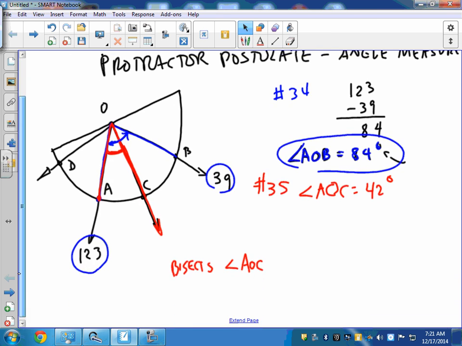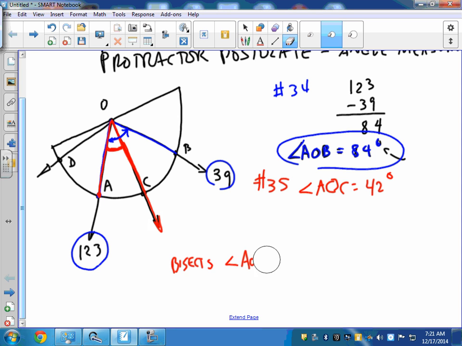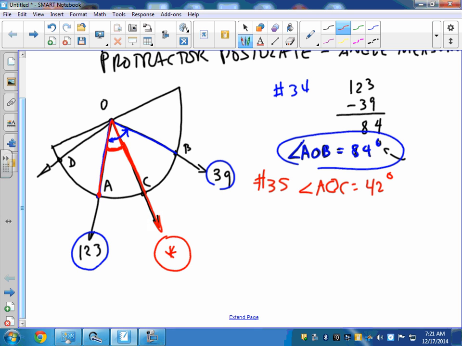Now, the next thing we have to do is find the coordinate of OC. So we're looking for this number that would fit out here on the protractor. What's the number on OC? Well, let's see. We already know this is a 42 degree angle, and we know that these differences have to be 42. Remember this is problem number 36.